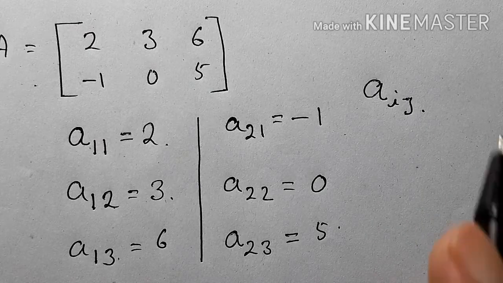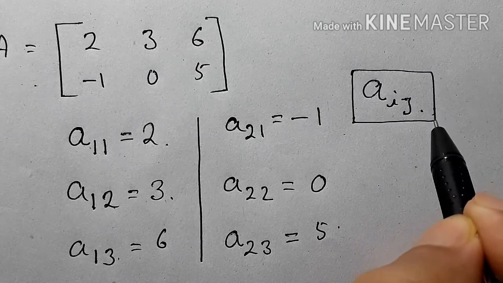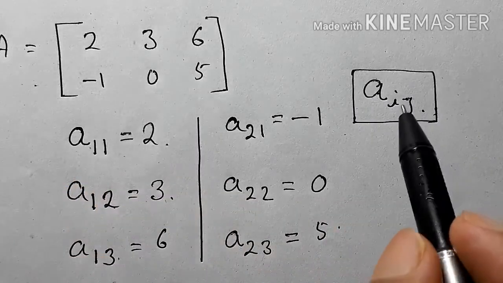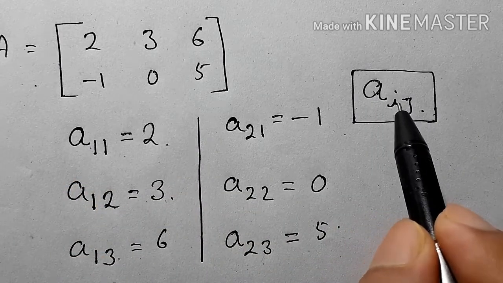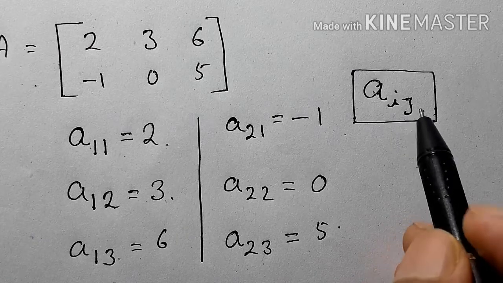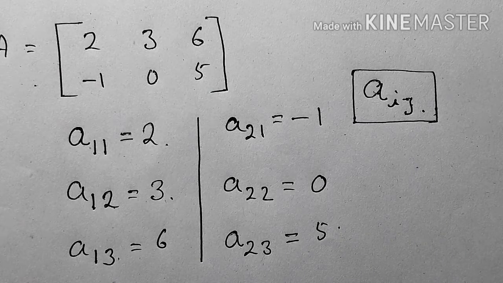Okay, don't forget this one. This is the representation of elements in matrix. Here a means element for row number i and column number j. This is the representation of elements.